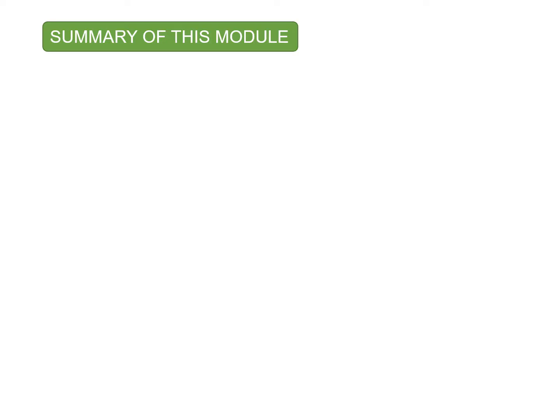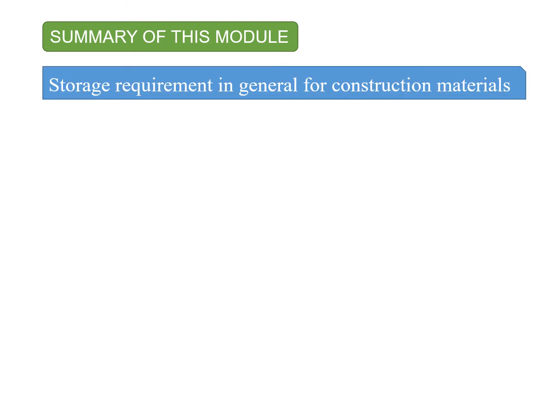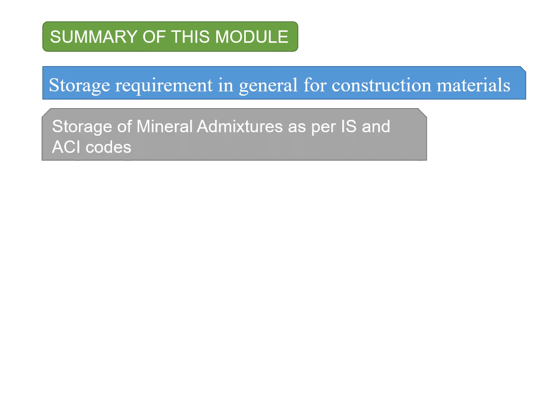To summarize this module, we talked about requirements in general for the basic construction materials in the project sites, and storage of admixtures as per IS 4082 and ACI 304R, which includes both chemical as well as mineral admixtures storage requirements.